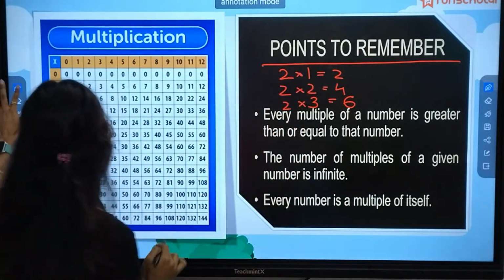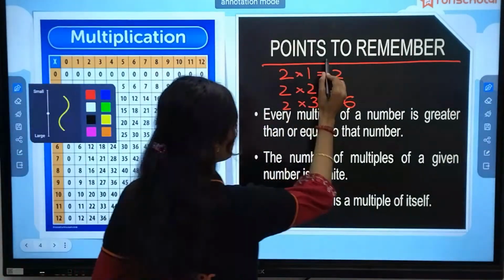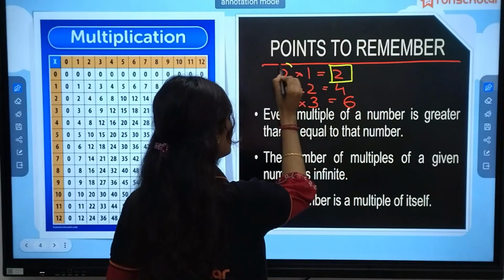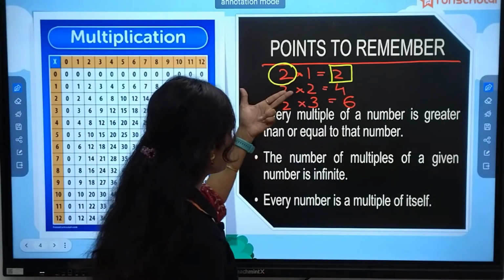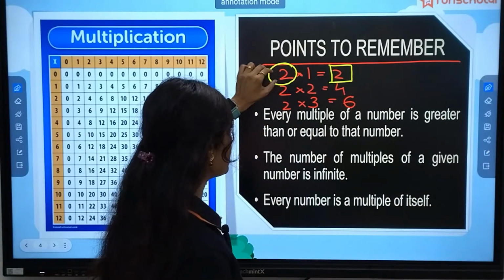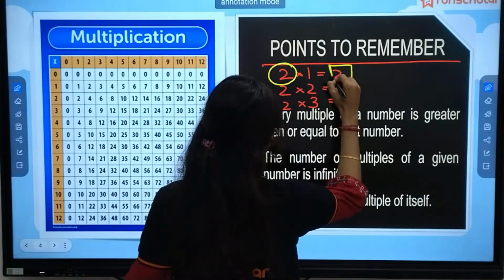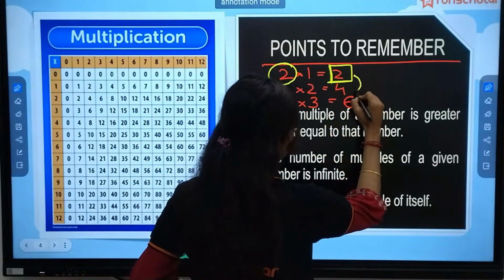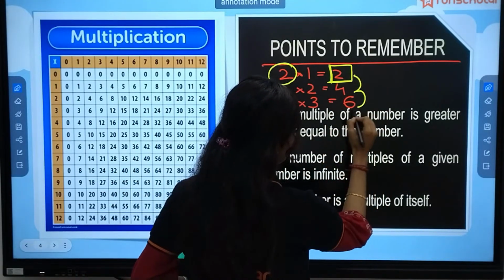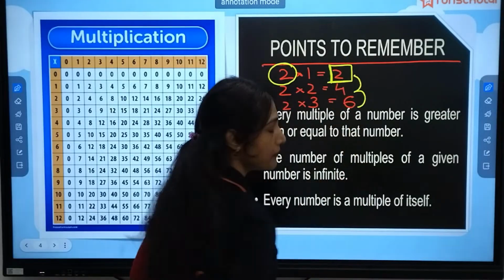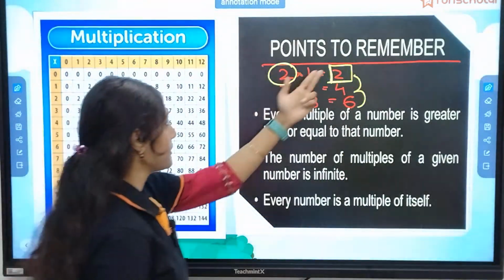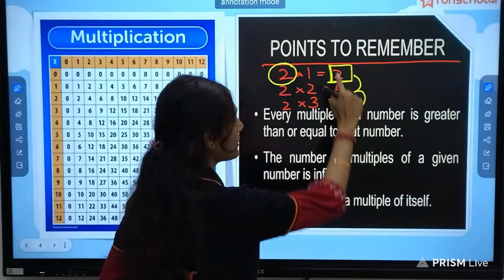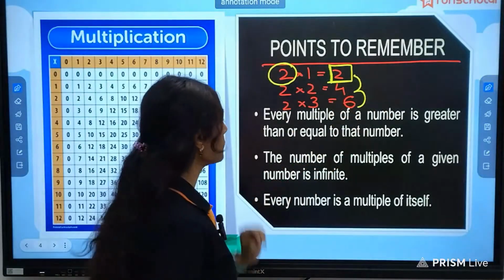So just see over here, the number we are starting with is 2, which is equal to the multiple of the given number. And from the next number, every number is greater than the number itself. So the multiple of 2 will always be greater, or it will start from that number only.